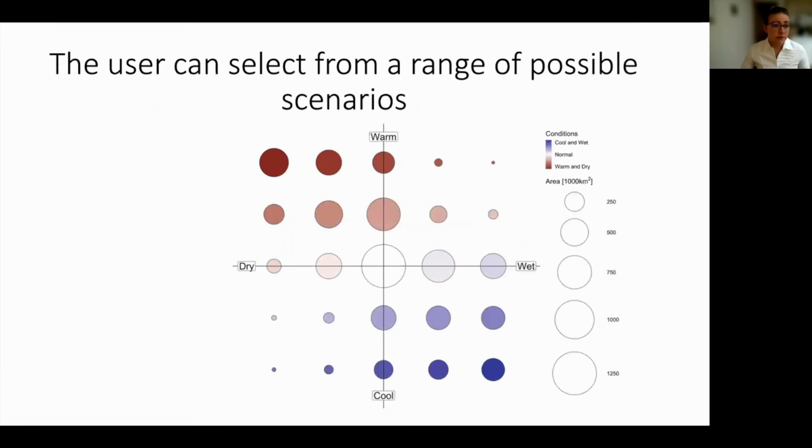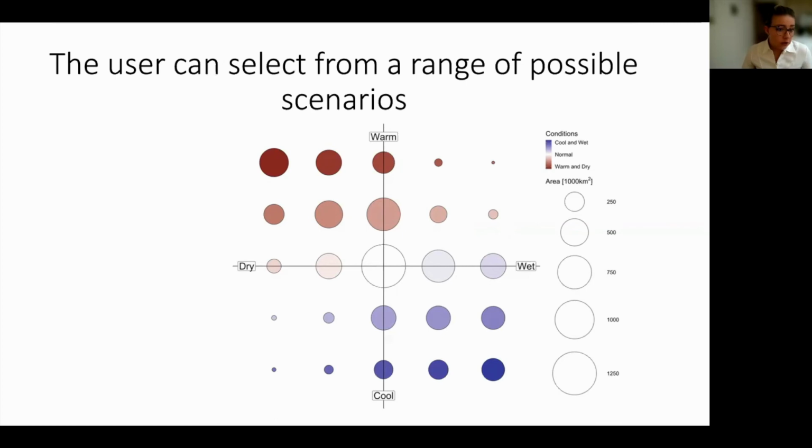There is a range of different conditions in terms of precipitation and temperature, going from the upper left side, which represents extremely dry and extremely warm conditions, to the bottom right, which displays extremely cool and wet conditions.